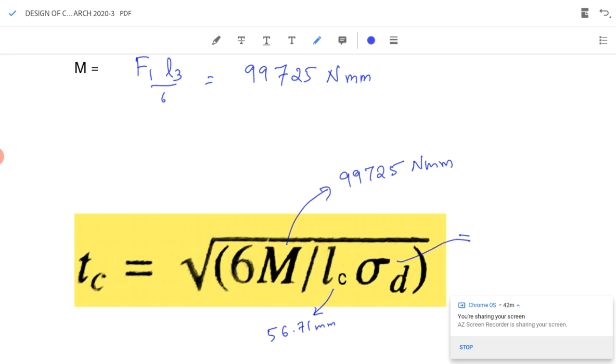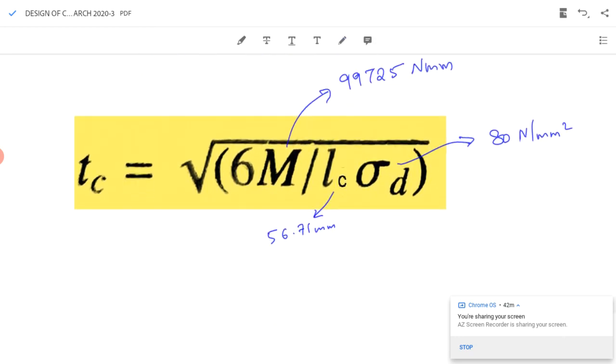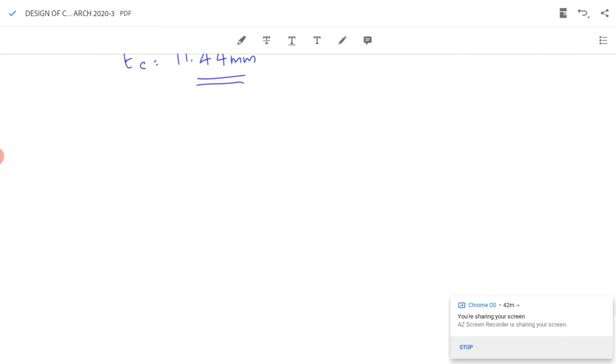Given sigma d, the design stress for the end cap, as 80 Newton per mm square, I will get the thickness Tc about 11 mm. Tc equal to 11.44 mm. So this completes the design of the connecting rod, and at the end we can draw a figure of the connecting rod. You can draw a rough sketch.